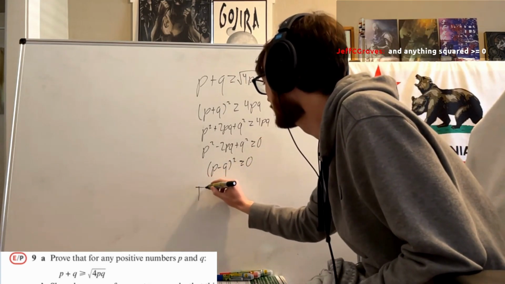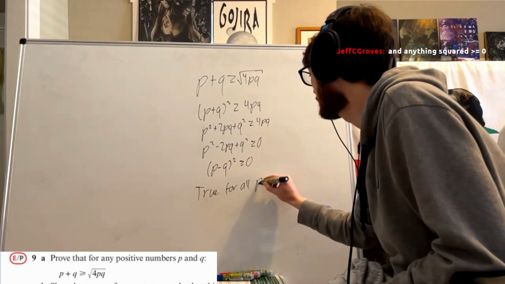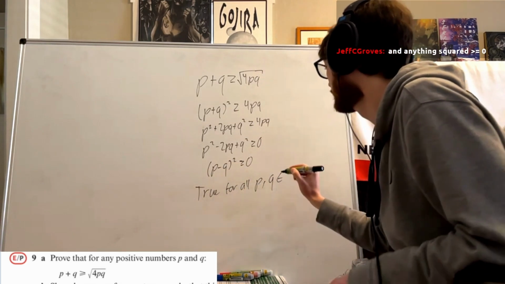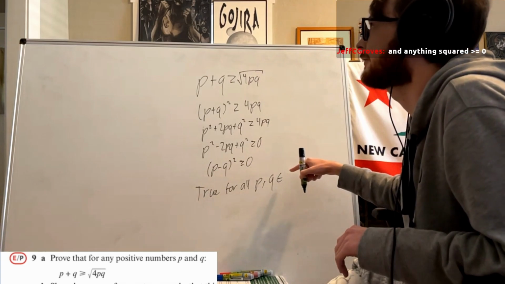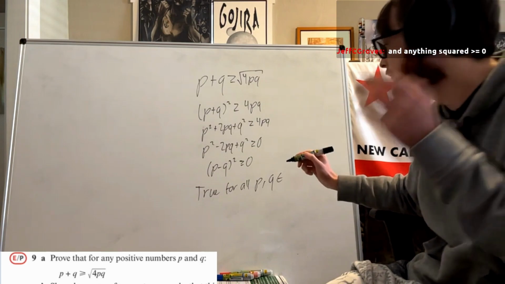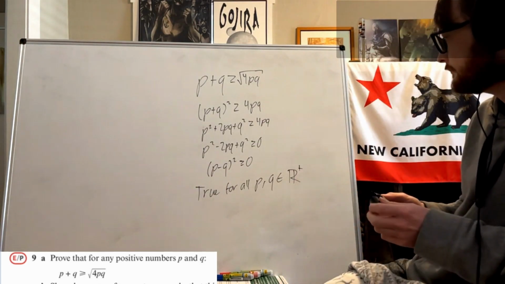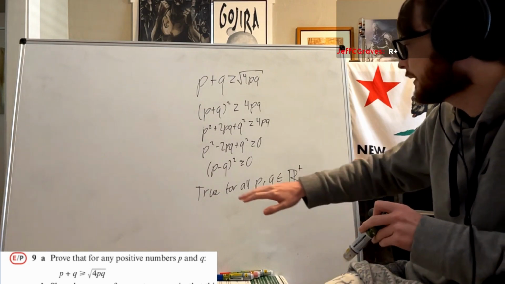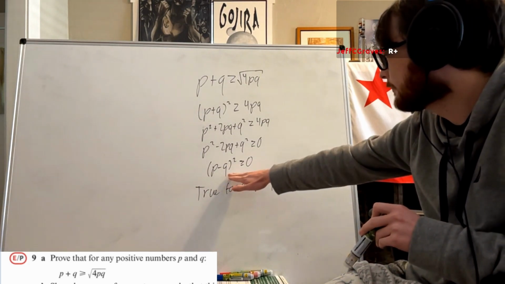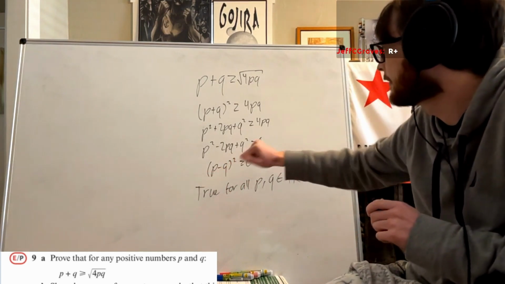True for all p, q belonging to, oh my god, how do you say positive numbers? So I guess it'd be all real numbers, because even if q is greater than p, you always square it so the overall thing turns positive.